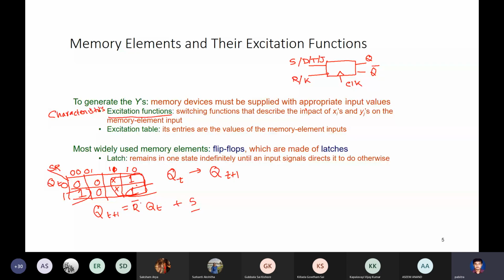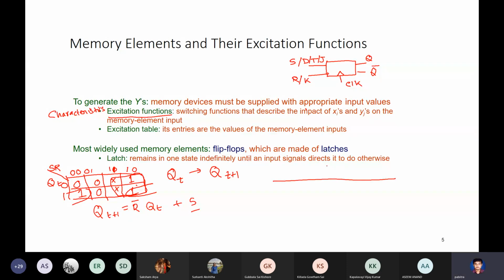You can also write it down as a state table. Fine, I have written Qt plus 1 as a function of input and Qt, but I can also write it as a state table. I usually write the excitation table in this form. I write down Qt and I write down Qt plus 1.